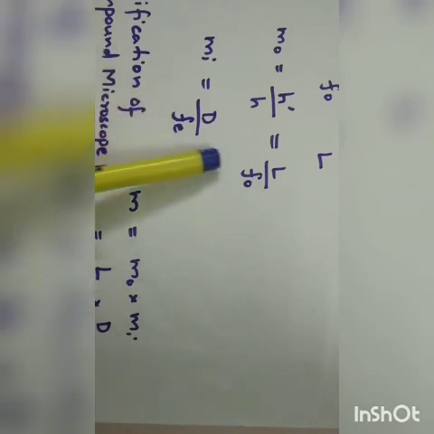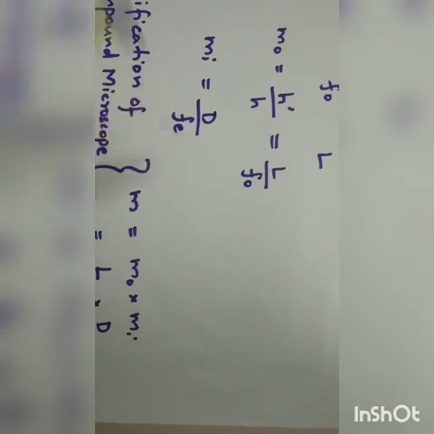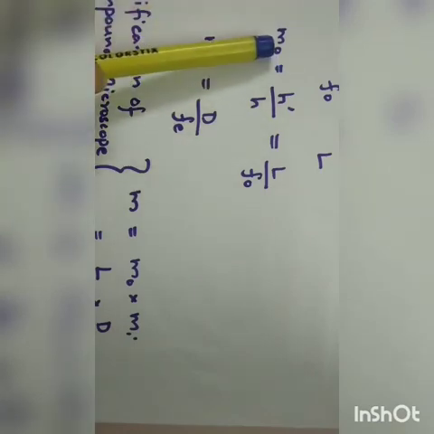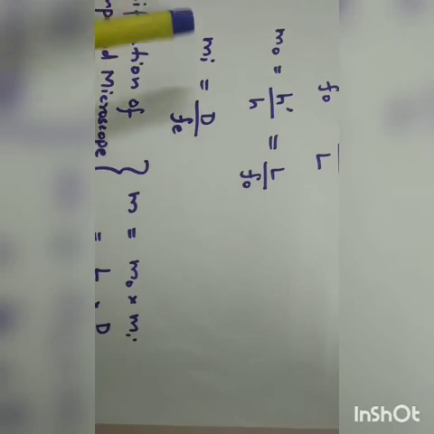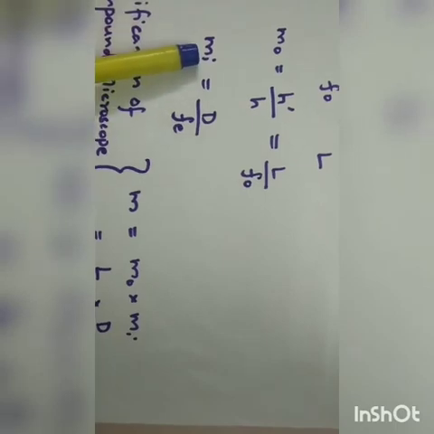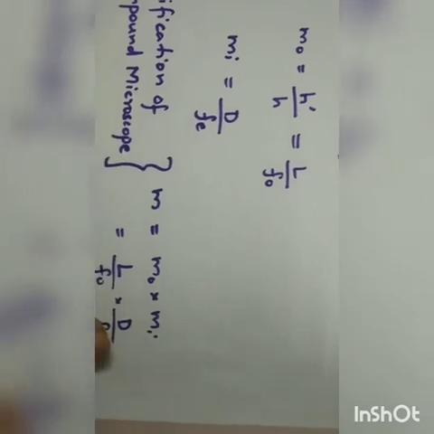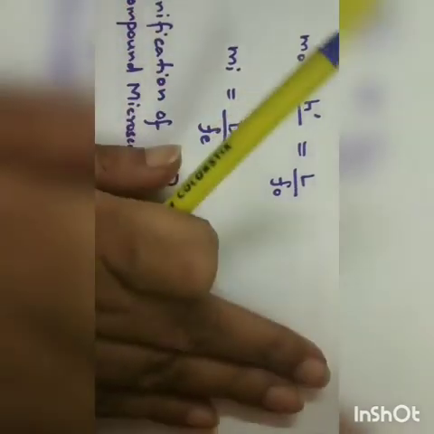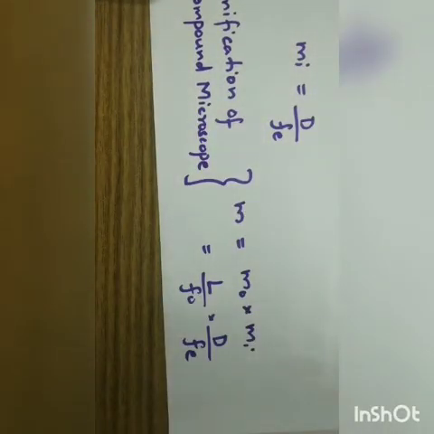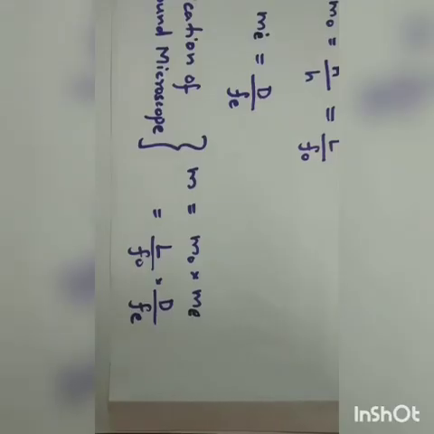In this case you can take either the formula ME is equal to D by F or the formula 1 plus D by F. Anyhow, you have two formulas: magnification of objective and magnification of eyepiece. Once you get the two, you can find the magnification of the compound microscope.